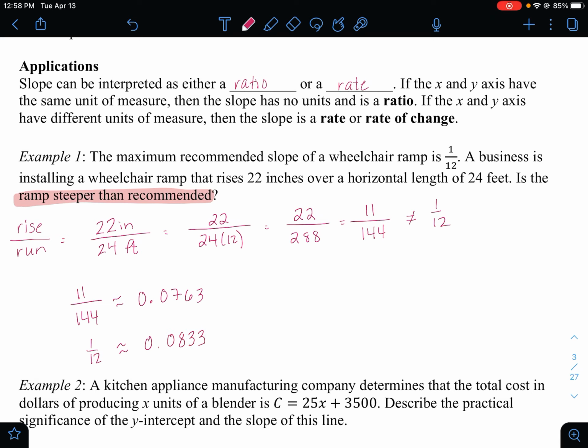Okay, so is it steeper than recommended? We would say no, it is not steeper than recommended. So therefore, not steeper than recommended. So we are good to go with this ramp.